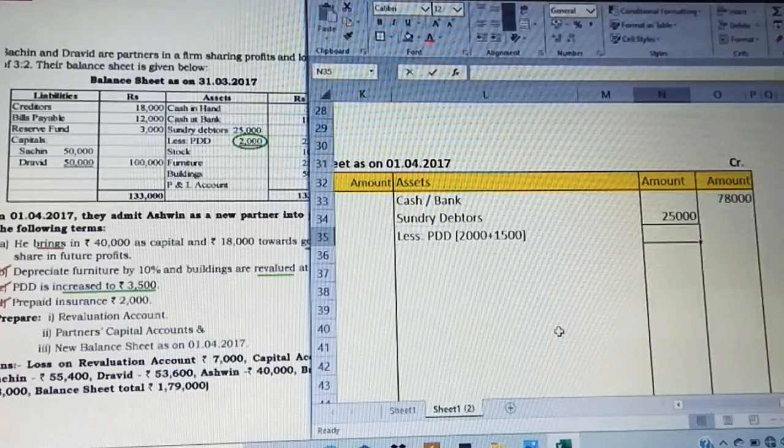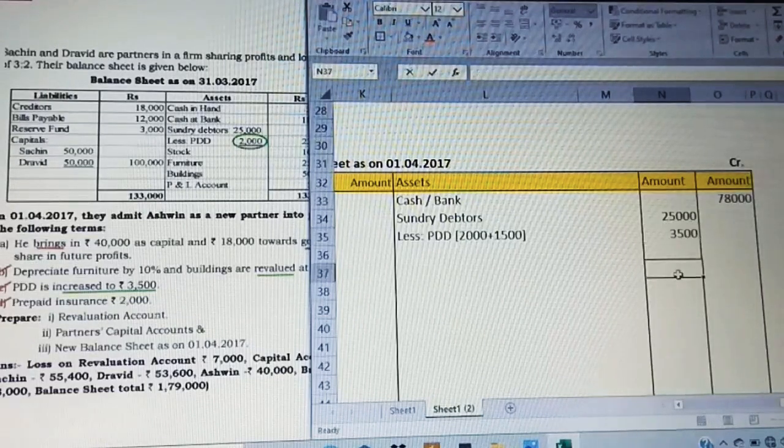Together the current year, which is increased, is 3,500. So is this equal to the adjustment given, PDD increased? The value should always be equal. 3,500 is what we got when we add these two. Now this one we need to minus.